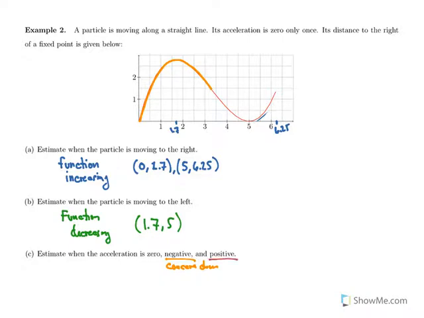We are going to be concave up when the acceleration is positive. We'll say on that interval right there. And there is some special point right here where we switch from concave down to concave up.